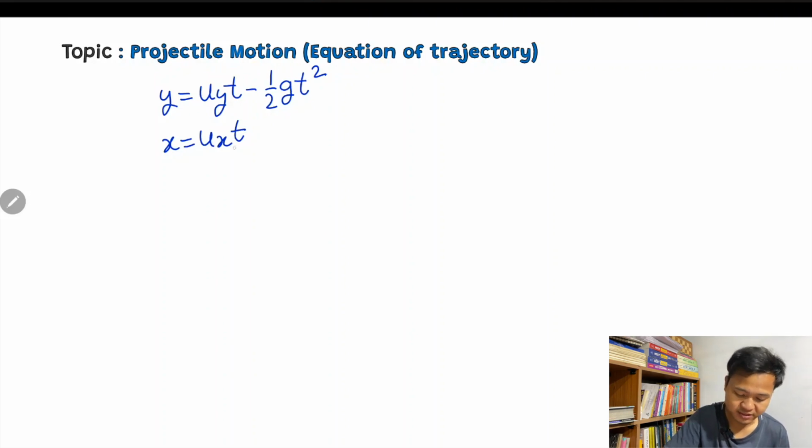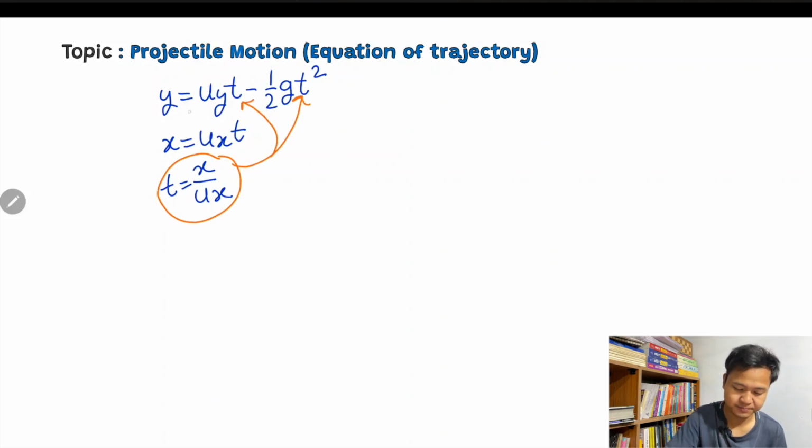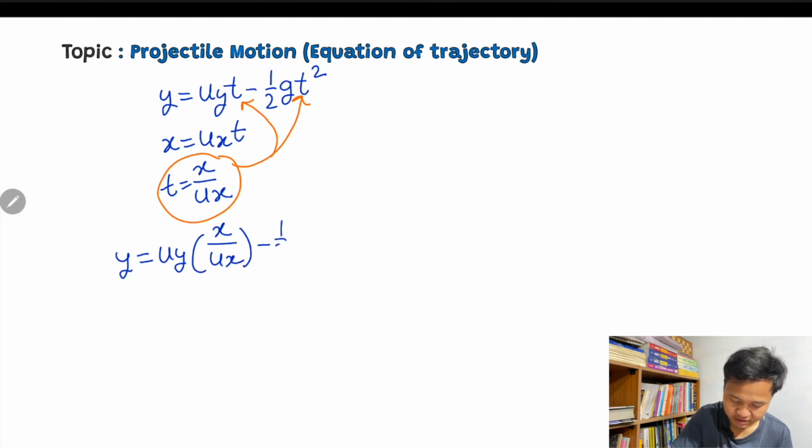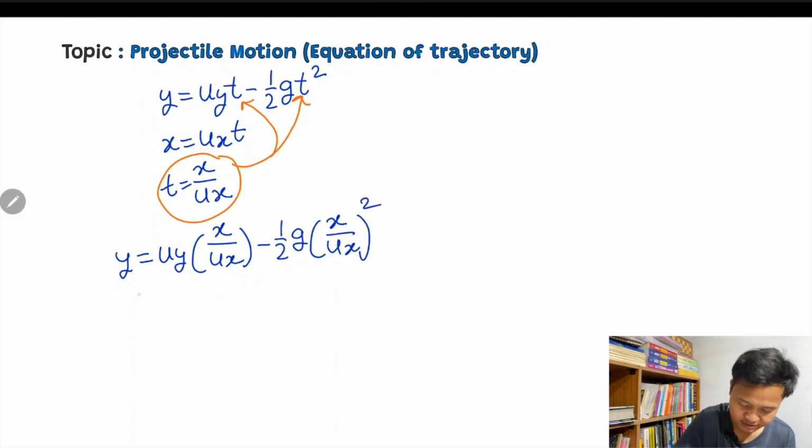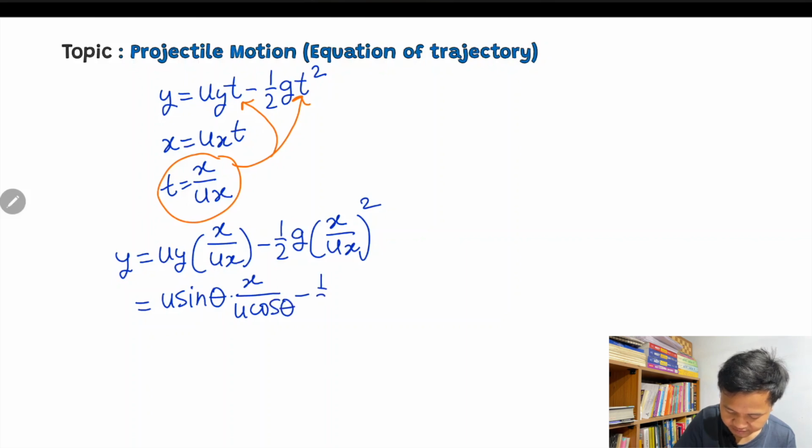From here I can write t equals x by ux. Put this in place of t: y equals uy into x divided by ux minus half g into x by ux whole square. With uy as u sine theta and ux as u cos theta, the u's cancel out, and sine by cos is tan. Therefore y equals x tan theta minus g x square divided by 2 u square cos square theta.